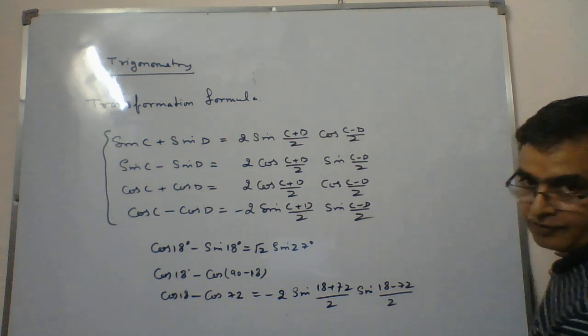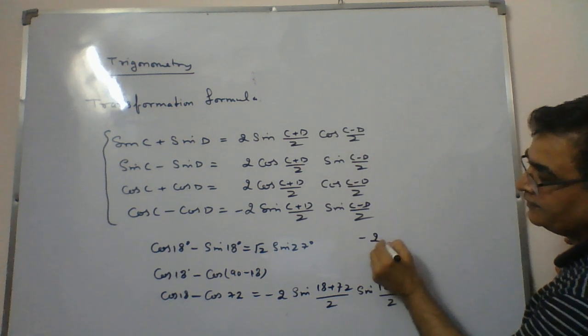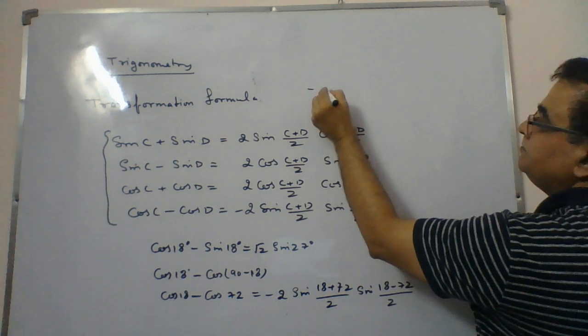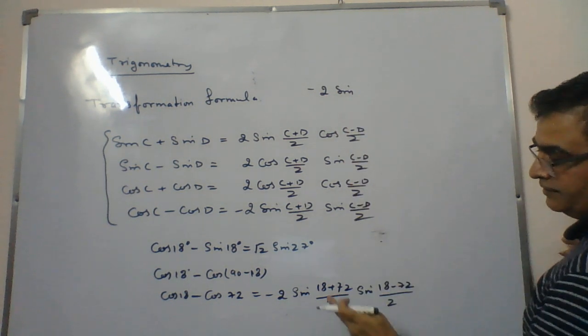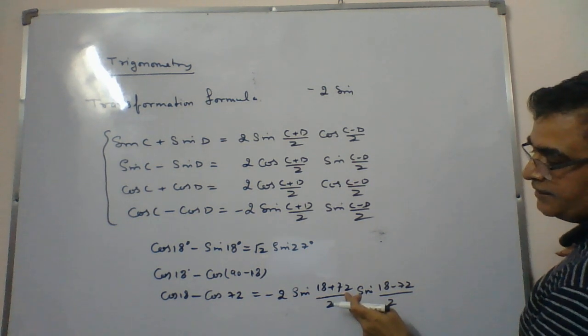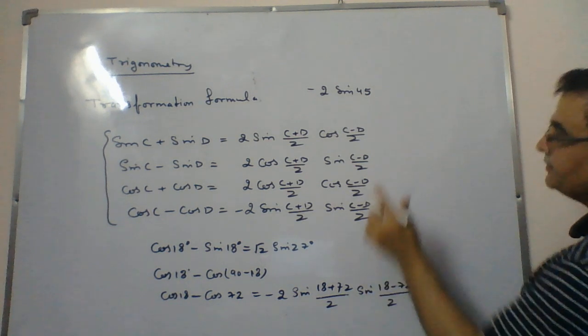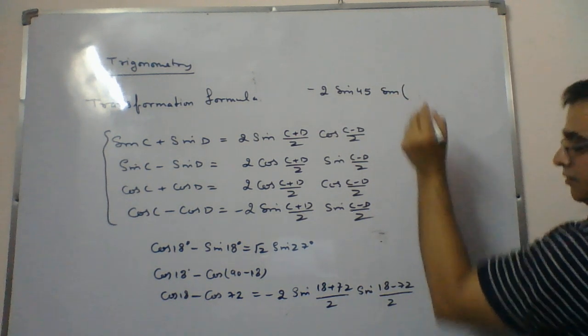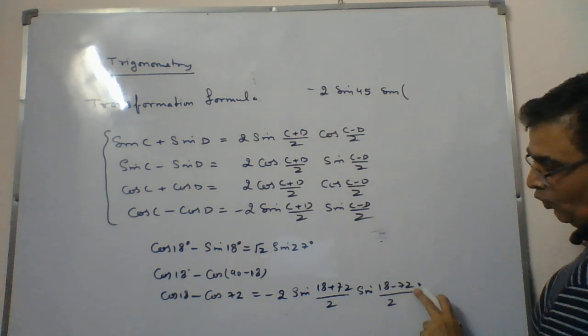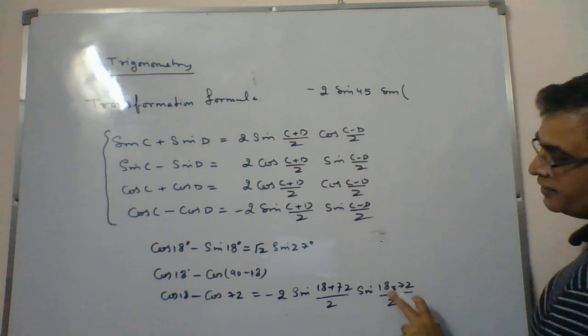Now when you solve it, what will it come out to be? Minus 2 sine, 18 plus 72 is 90, 90 by 2 is 45 degree. And then sine of minus 54.